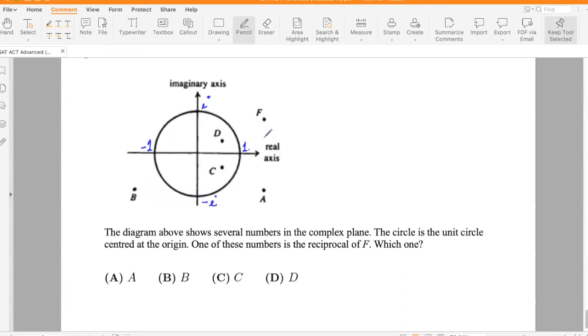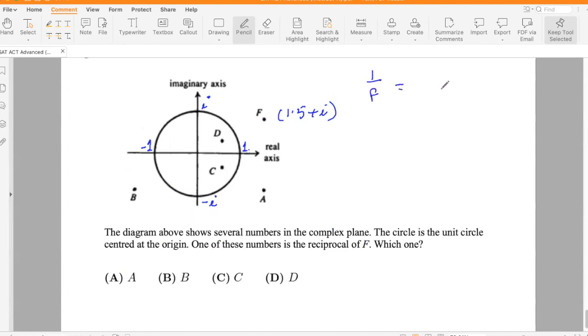So if you look at f, then for the sake of simplicity, I can say that it is 1.5 plus i, something like that. Because on the real axis, it will be about 1.5, and on the imaginary axis, it's a little less than i. So I'm just taking it as i because I need to find its reciprocal.